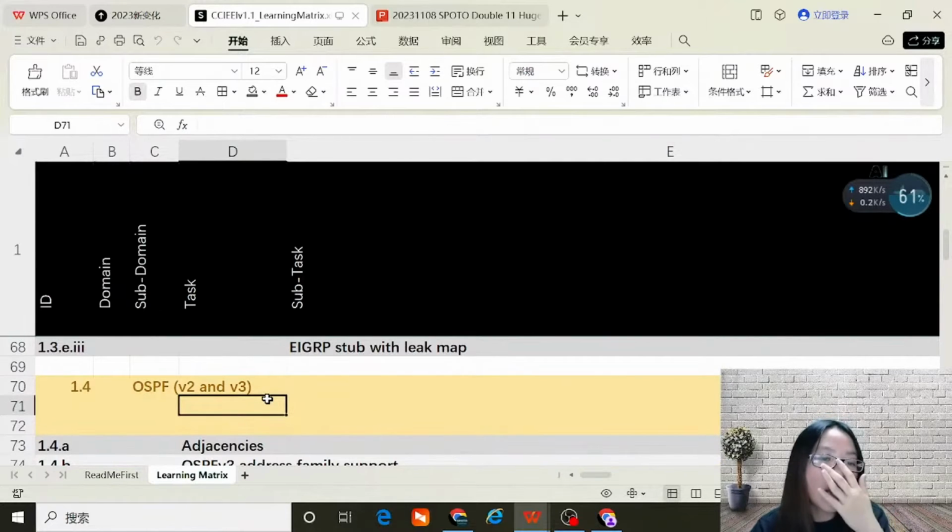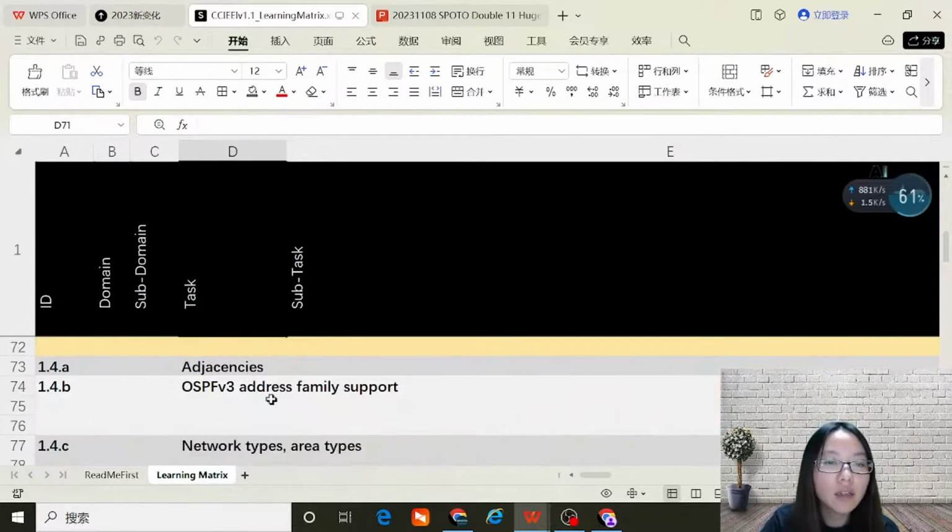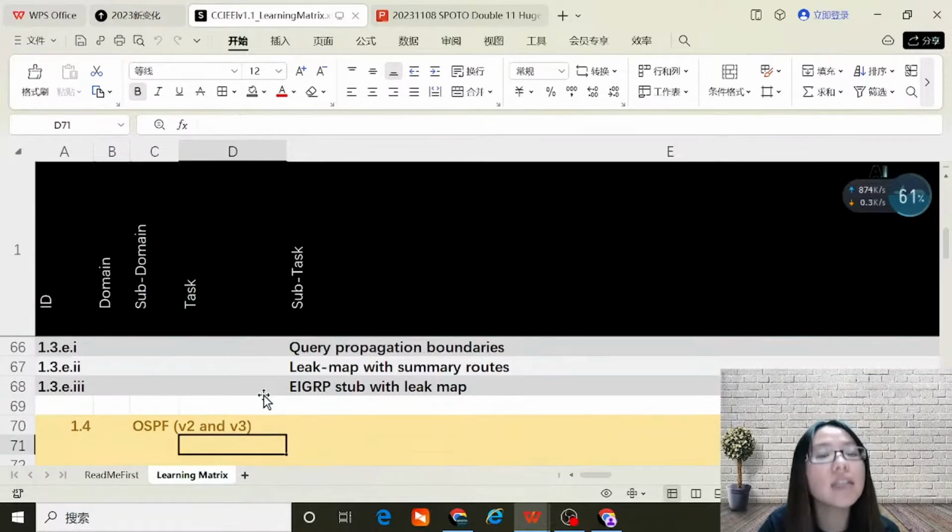I think the new version may test OSPF version 3. In the old version, it tested EIGRP version 3.